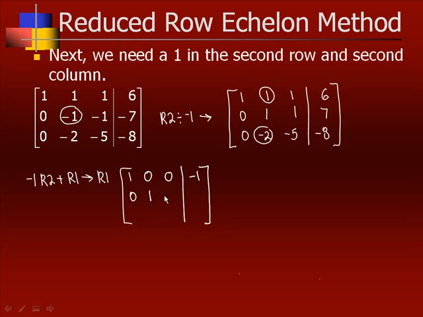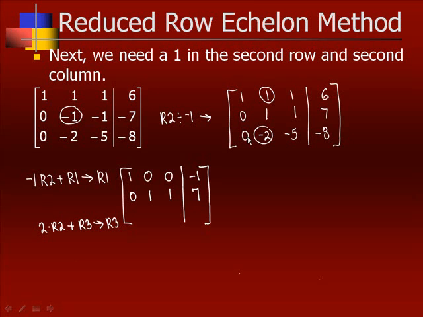Well, we're happy with row 2 because we've already got that 1 where we need it. Row 3, well, we've got a negative 2, which means we could add a positive 2. The way we get a positive 2 is 2 times row 2 plus row 3 will give us a new row 3.